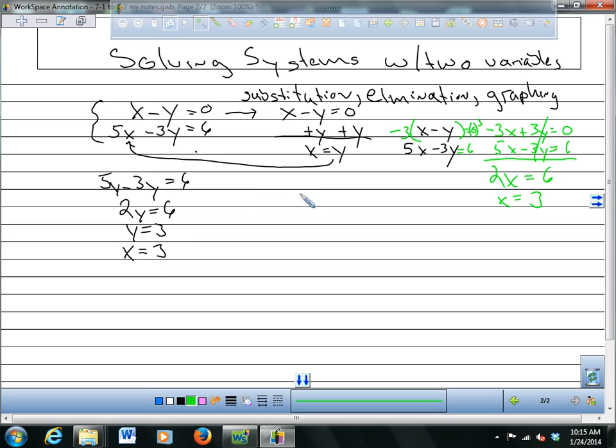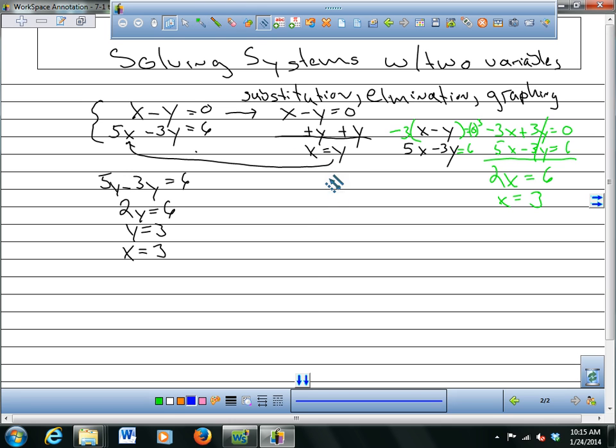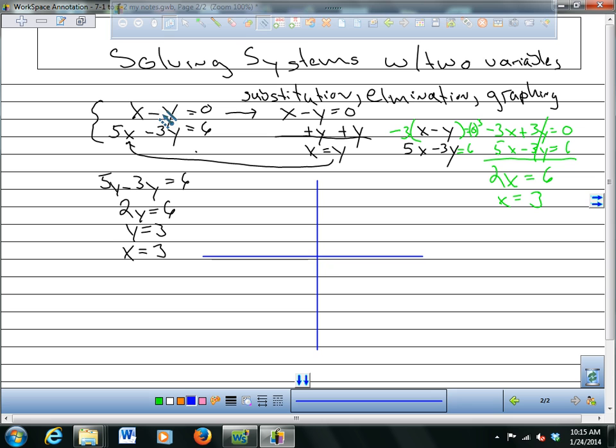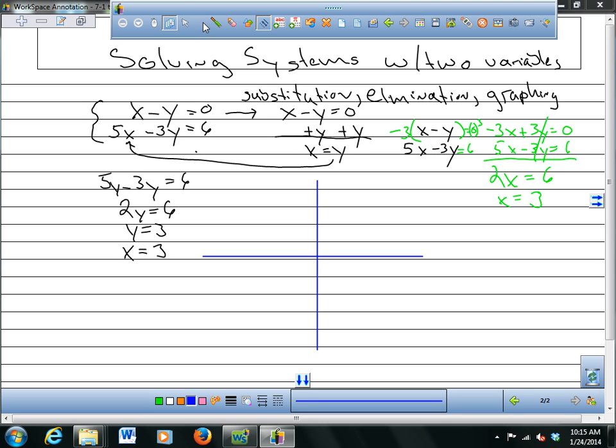Okay. Then graphing, you guys could do these by graphing as well. And so if you want to graph it, you can. x minus y. So what is this line? So if I want to graph this first one, what does y equals x look like? Y equals x.